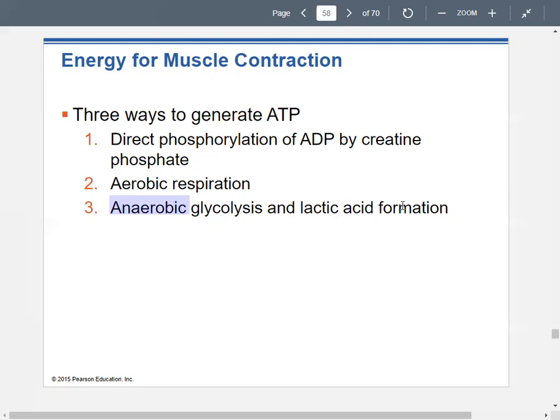All right, so these two processes, glycolysis and lactic acid formation, make you a small amount of ATP compared to aerobic respiration. So when they talk about feeling the burn, it's this acid in your muscles. Okay, when it accumulates and feels like your muscles are burning, that's lactic acid buildup. So it gives you some, but you need to be able to generate more ATP usually.